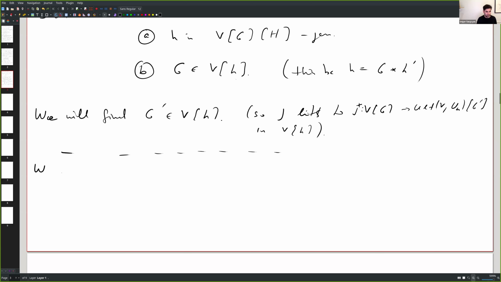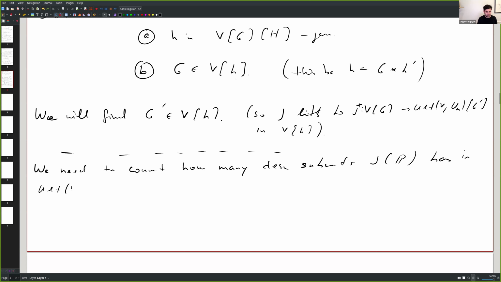We need to count how many dense subsets J(P) has, P being the collapse forcing, in the ultrapower V_U[H].